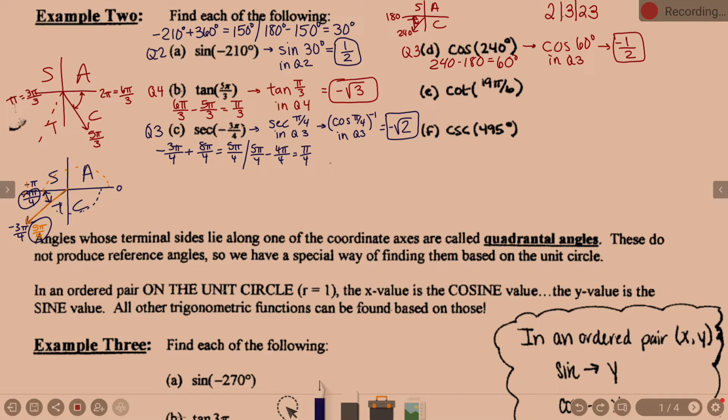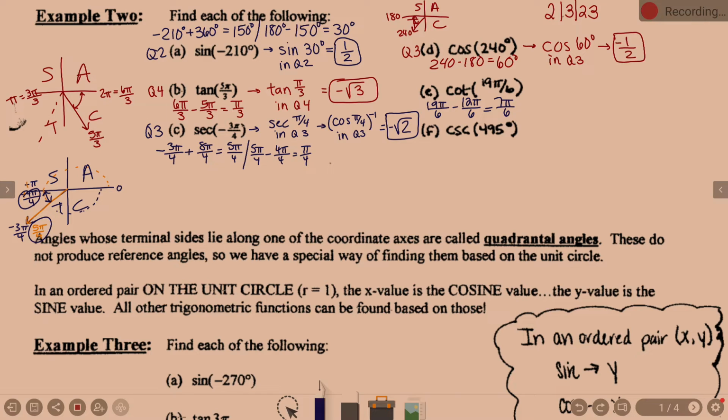So before I do anything, I'm going to say, okay, 19 pi over 6 minus 2 pi, because I need something to work with. And that's going to put me at 7 pi over 6. Aha, relief, I say, because I can visualize the 7 pi over 6.